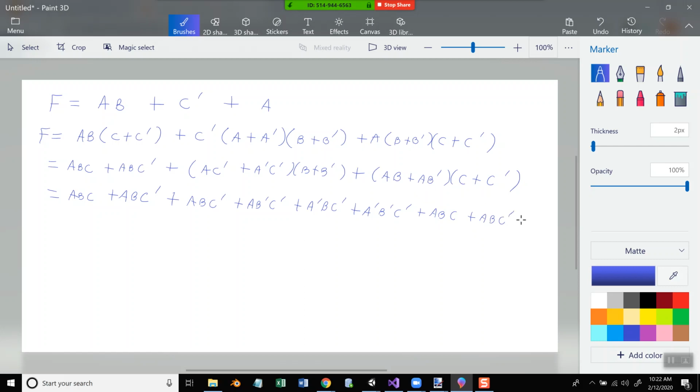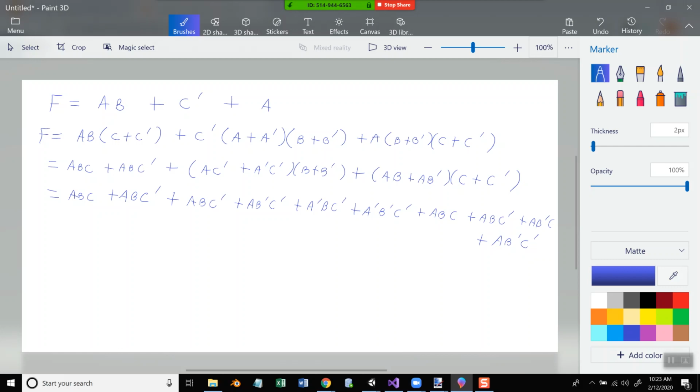AB prime times C is AB prime C. And AB prime times C prime is AB prime C prime.